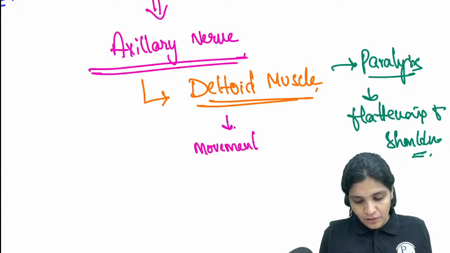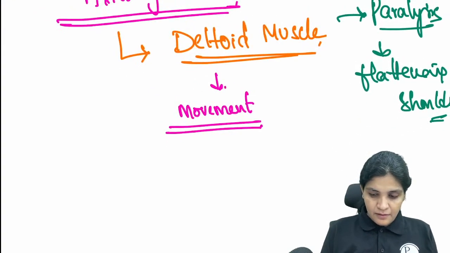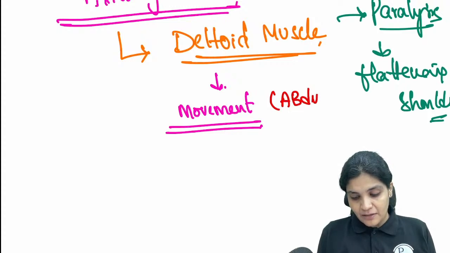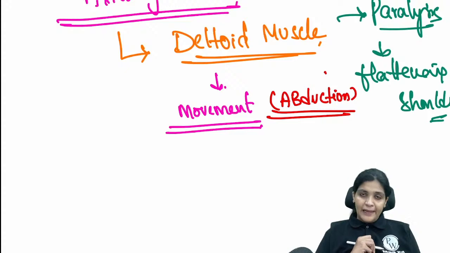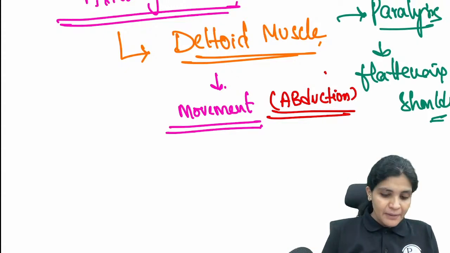Primarily it is mainly for abduction, very good. But you have to remember that the deltoid helps in every movement except adduction, but primarily it is abduction.